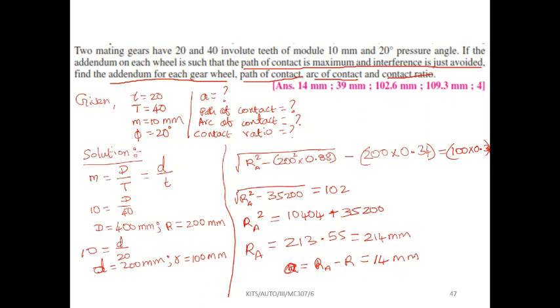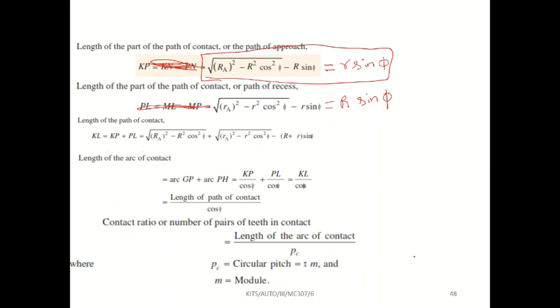Now what do we have to find? We have to find out the path of approach and path of recess. Actually, instead of finding these values, for this case, because they told it is equal to the maximum value, maximum value is r sin phi.